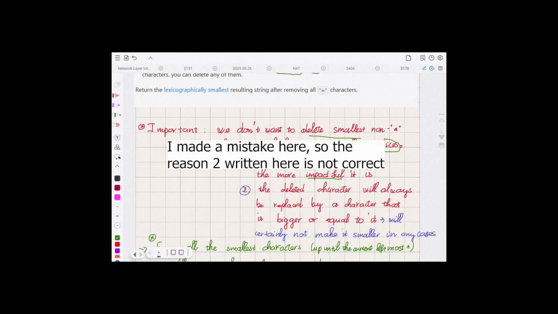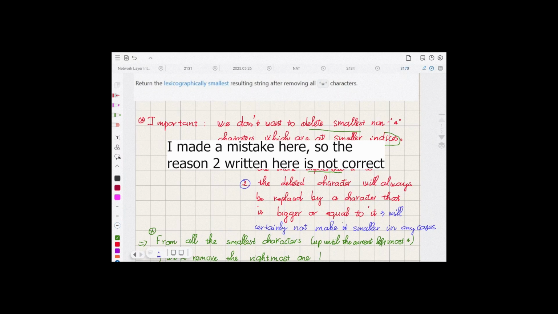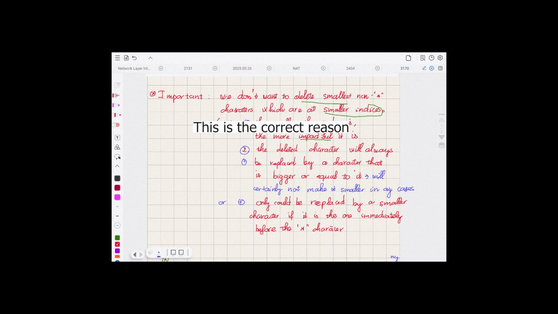And the second reason is, I actually made a mistake earlier. There are two cases here.